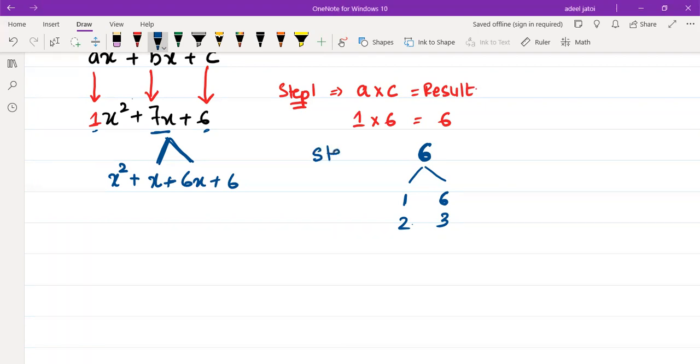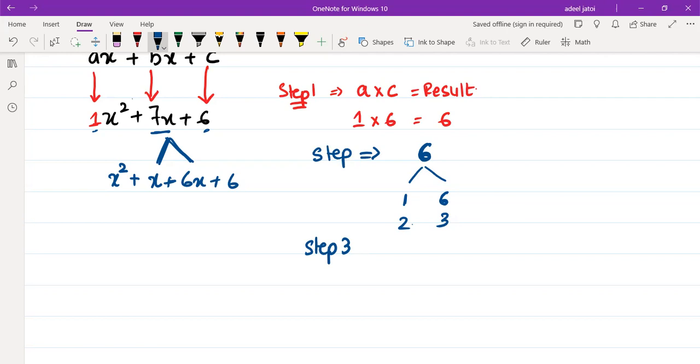Step 2 is this 6, where you need to find the numbers which multiply to give 6. So 1 into 6 is 6, 2 into 3 is 6 again. But since I need to middle term break, I will have to check step 3, which is which two numbers will add or subtract to give me the b.